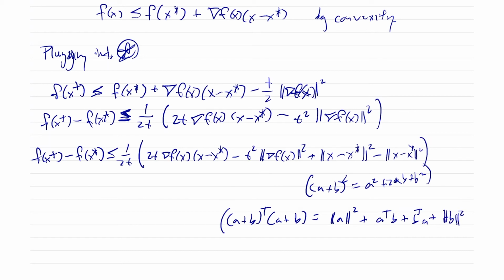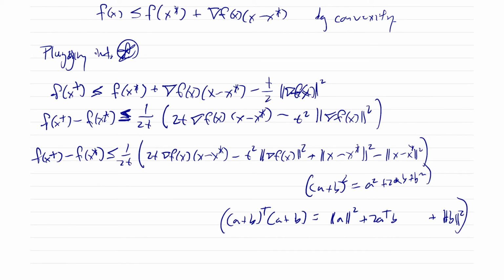And since these are each scalars, those are actually equal to the same thing. So you get norm of a squared plus 2 a transpose b plus norm of b squared.